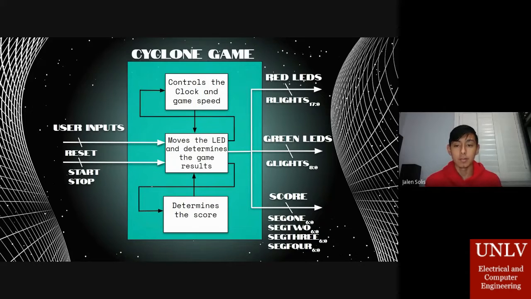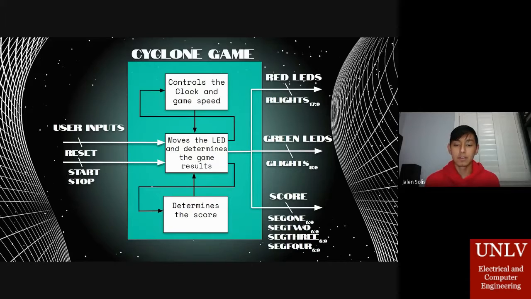The user begins by pressing start to activate the game. Once the game begins, a red LED will start from right and move all the way to the left side of the board, and then back to the right, and so on and so on. A green LED will light up, which is where the user must stop onto to progress the game. If the user stops on the green LED, the board will output all the green LEDs and the score along with it.